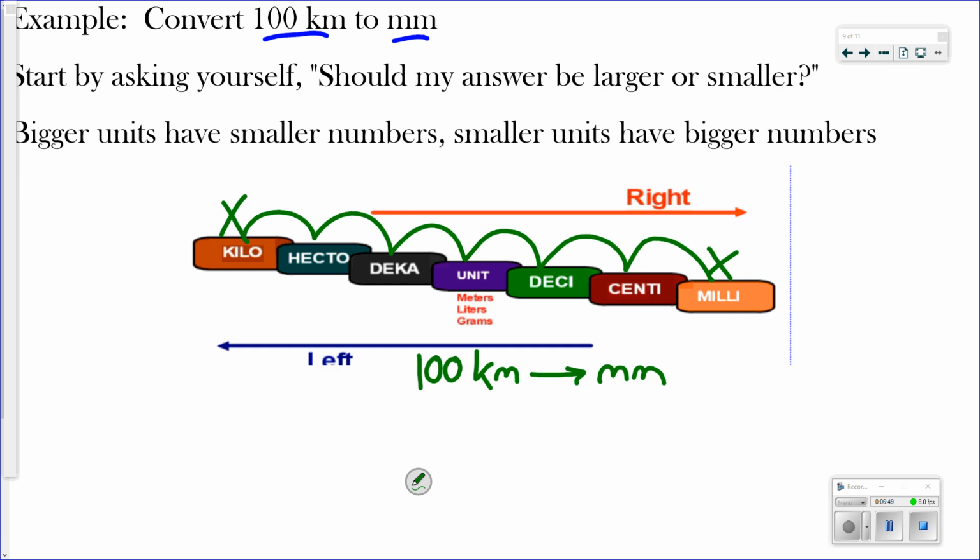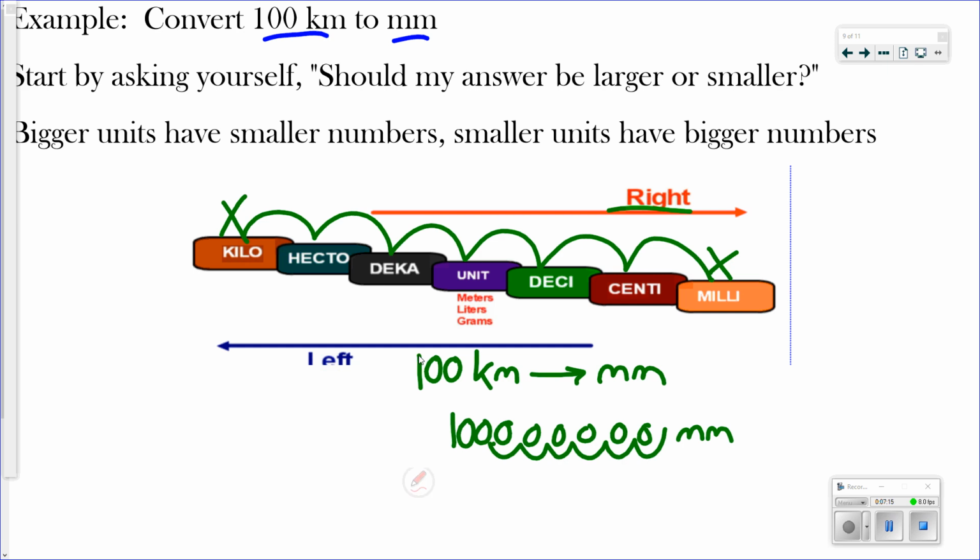So I'm going down the stairs 6 times. I move my decimal to the right. Here's where my decimal starts. So I go 1, 2, 3, 4, 5, 6. And that is the standard notation for the number of millimeters that I've got.